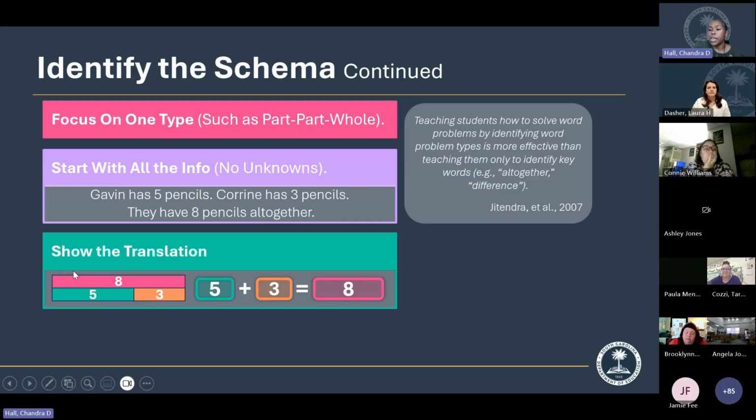So here you see a bar model right here, but you can also see this type of graphic organizer on the right. So you are just going to talk through it with them of how we determine where each part of that problem goes in terms of our graphic organizer or our bar model that you see here.